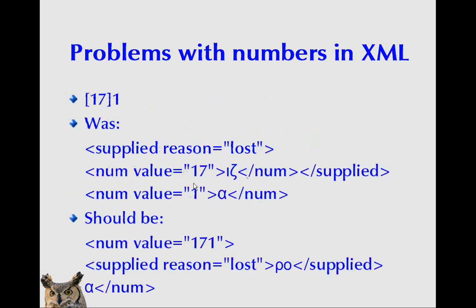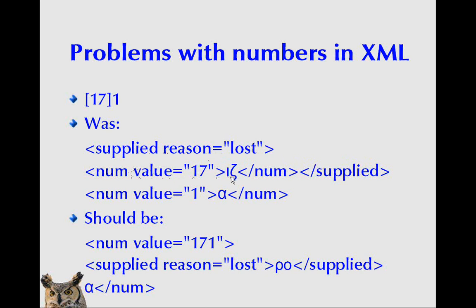Now, this is one of those cases where it was very important to do look-aheads and know what the children were, because we could find numbers, and they might have numbers as siblings, they might have numbers as children. There were all sorts of relationships, so it's very hard to find where the numbers were. So we might start out with the Leiden 171. This actually equates to supplied reason lost, num value 17.